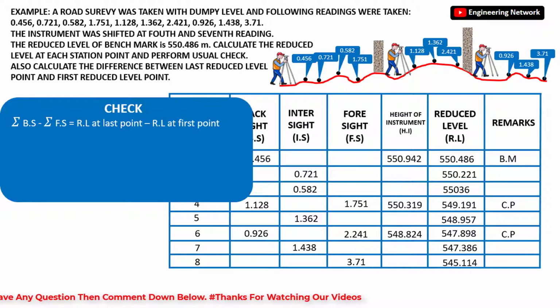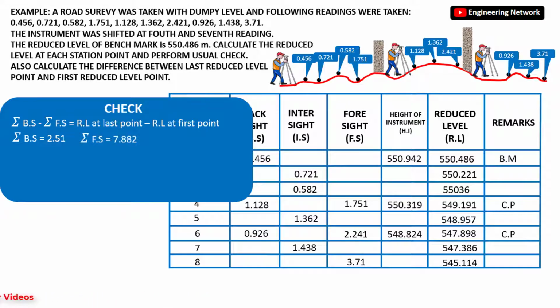Here the sum of backsight is 2.51 and the sum of foresight is 7.882. The reduced level at the last station is 545.114 and at the first station is 550.486.